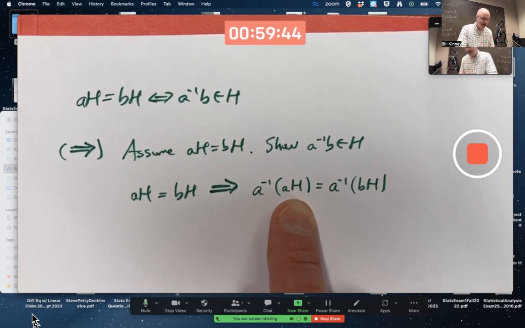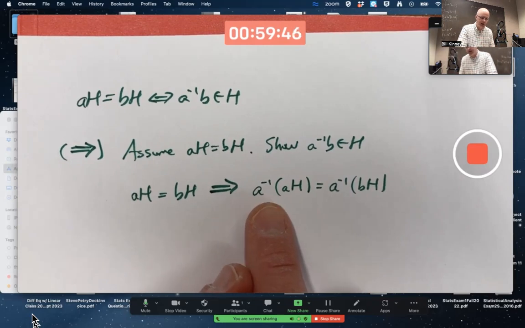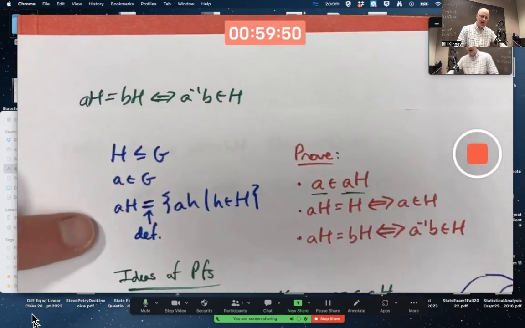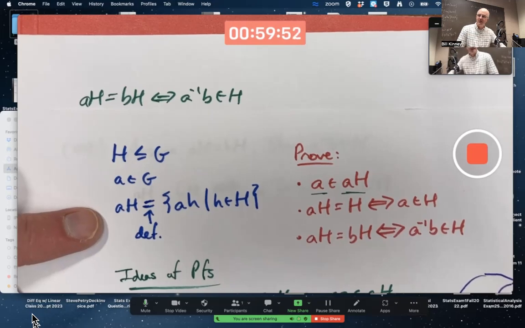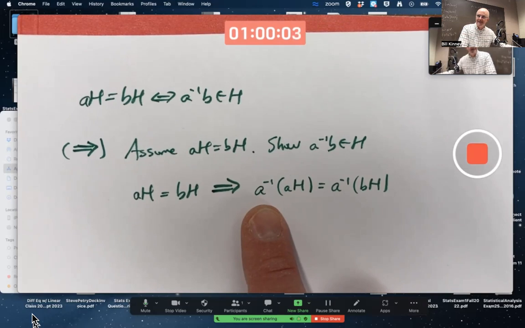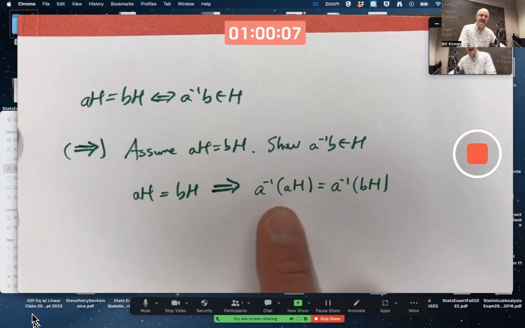So technically speaking, in writing A inverse on the left side of that, we're using this definition in the case where the H is not a subgroup. The AH is playing the role of H, and the A inverse is playing the role of the A. We are really saying this is a new set consisting of all elements of the form A inverse times something in that left coset.